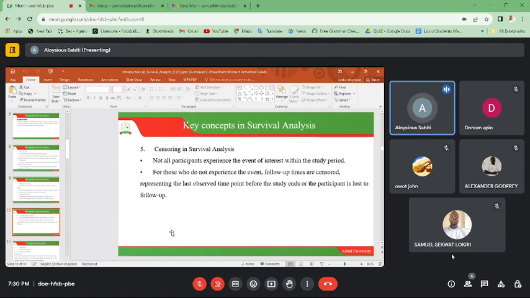And number 5 is what we call censoring in survival analysis. So censoring in practical terms means that not all participants experience the event of interest within the study period.